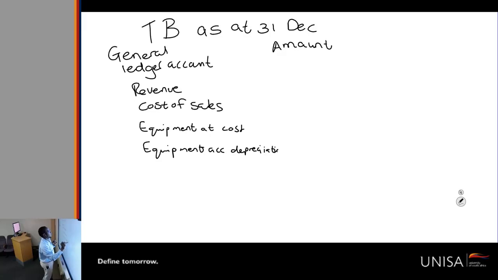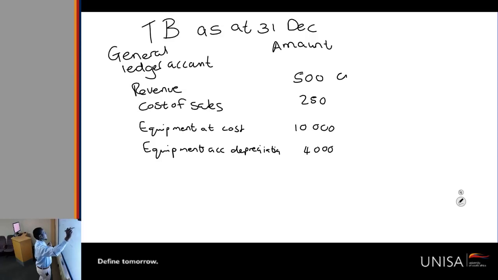I'm just going to put amounts in: 500 for revenue, 250 cost of sales, equipment at cost I'm going to put at 10,000, and then accumulated depreciation at 4,000.